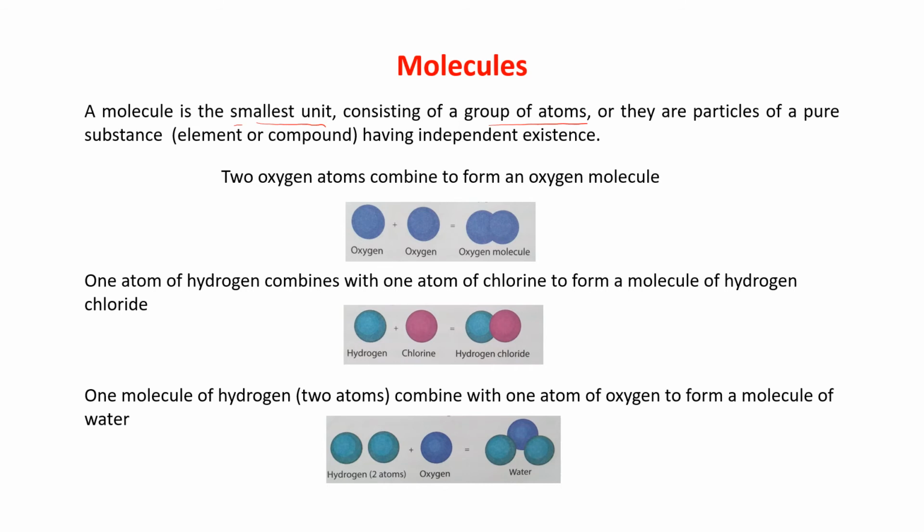They are the particles of pure substance, maybe element or compound, and they have independent existence. Two oxygen atoms combine to form an oxygen molecule. This is the oxygen atom, O plus O, two oxygen atoms. If they combine, it will give you O2. Now these are the atoms and this is the molecule.